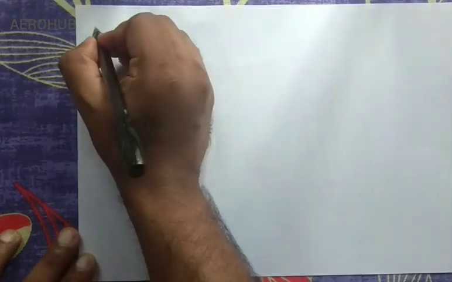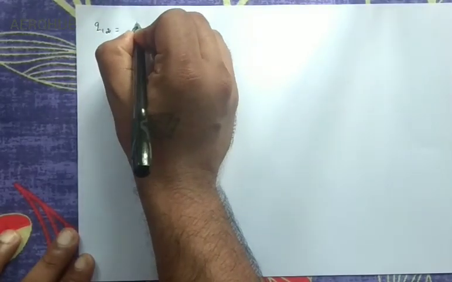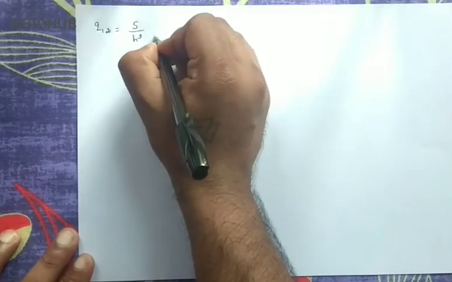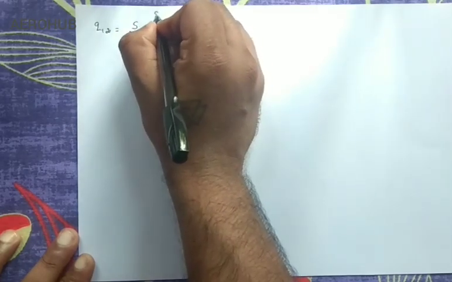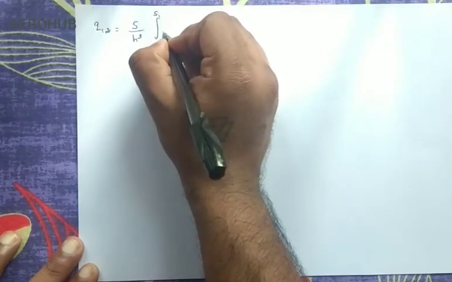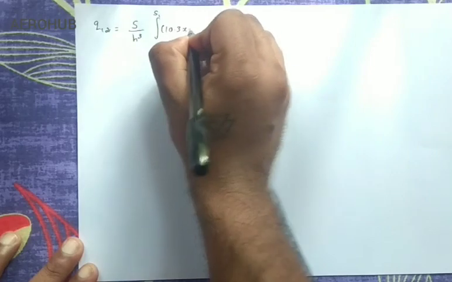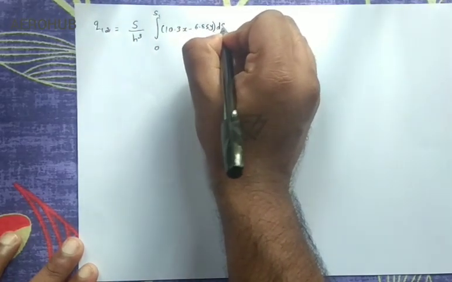Now Q12 is equal to S by h cube, integral from 0 to S1, because we are applying a shear flow S1, of 10.3 into x minus 6.85 y, ds1.